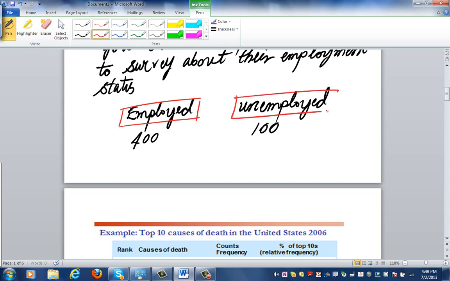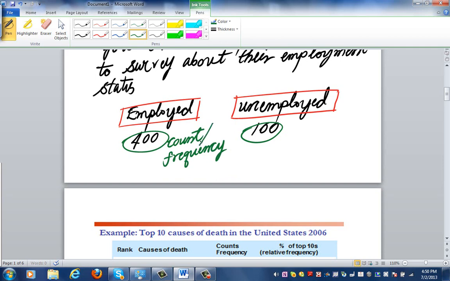So we have two categories here, and these numbers are called counts for each category, or we also call that frequency for each category. The frequency or count for the first category is 400. The count or frequency for the second category is 100.